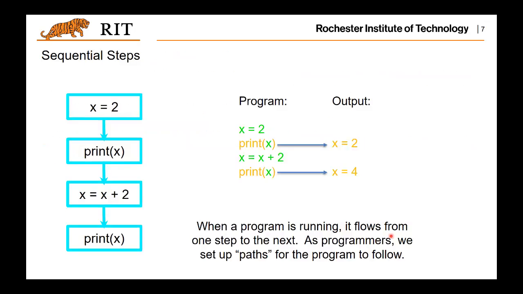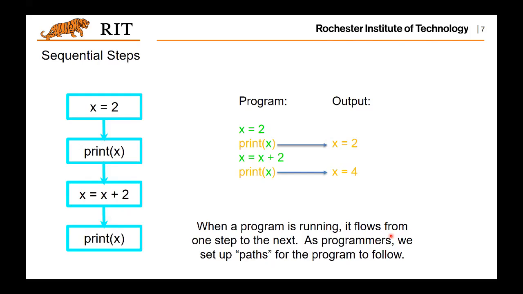All right, so we have this sequential step. It's straightforward. You have a variable x, and it is assigned the value 2, and then you print it, because x has an assigned value there, right?